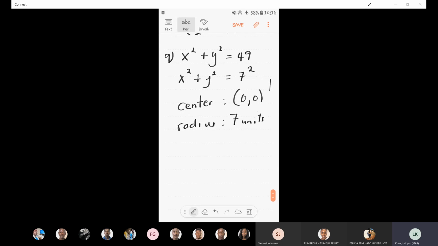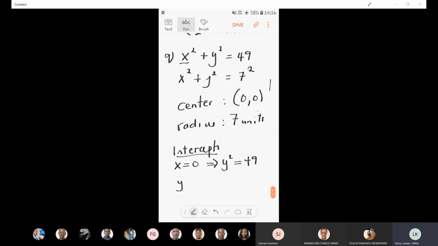So first you make x 0. So for my intercepts, we make x 0. Now this is very simple. If x is 0 over there, it means y squared is equal to 49.